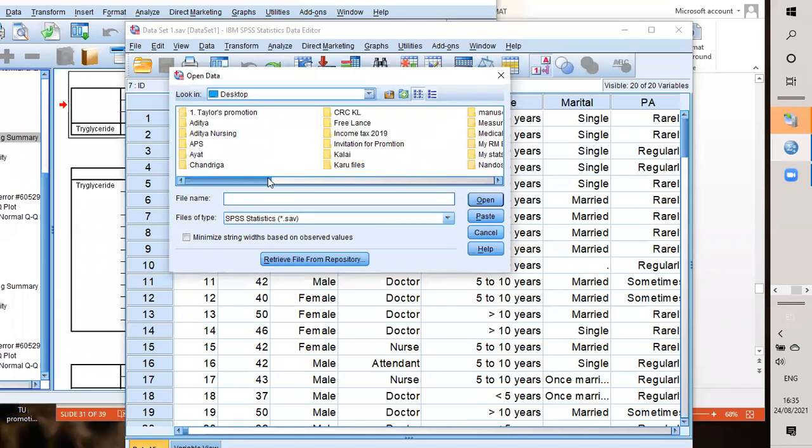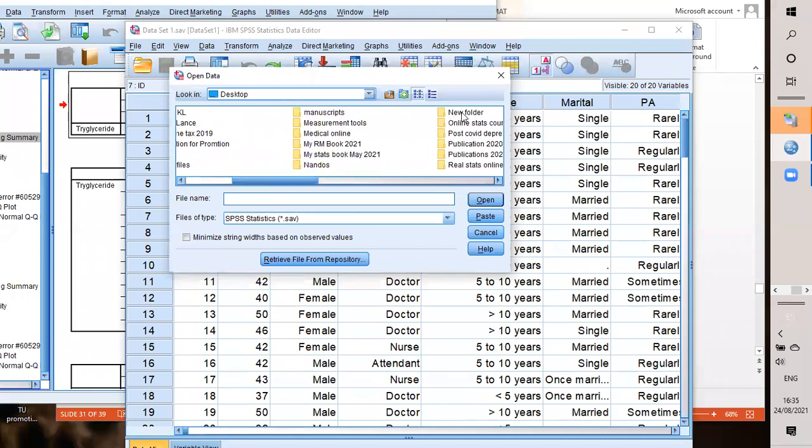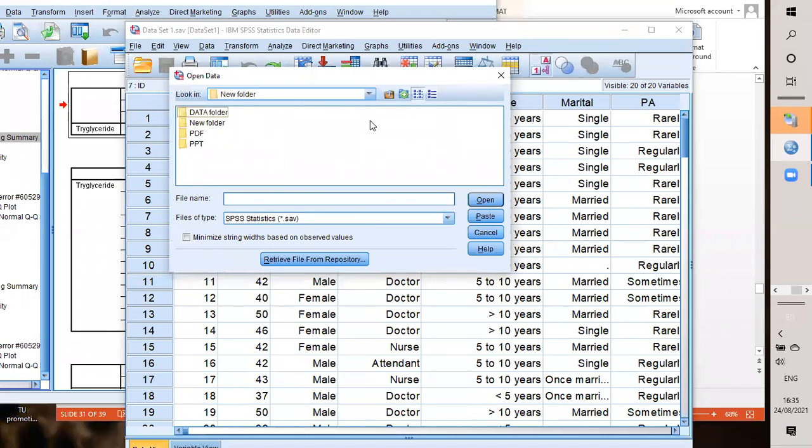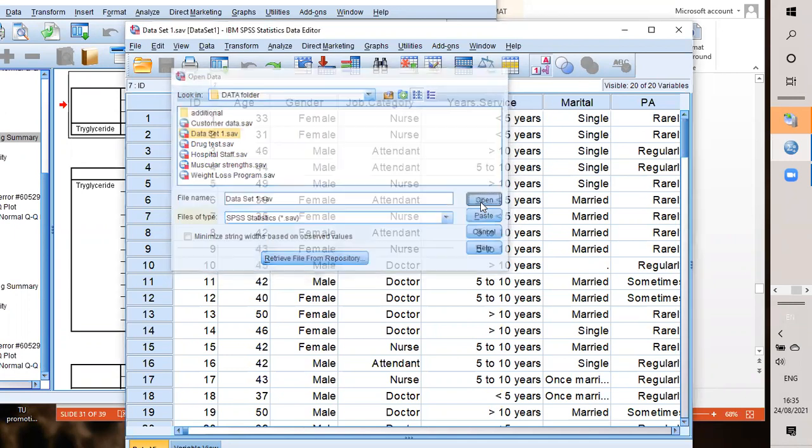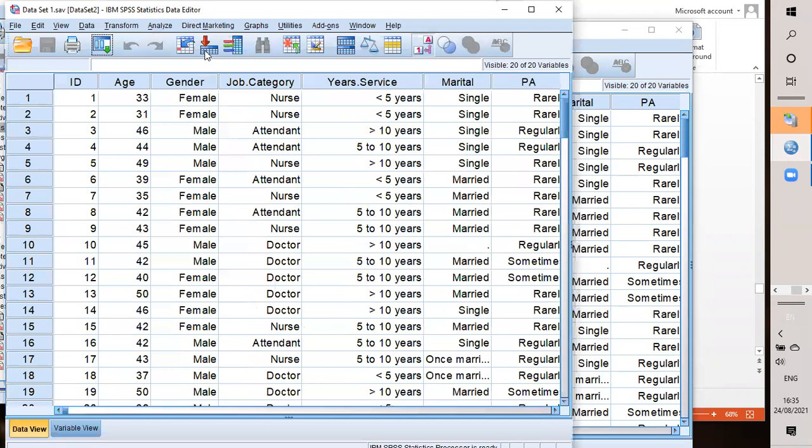Mine is inside the data folder. That's my data. Click open.